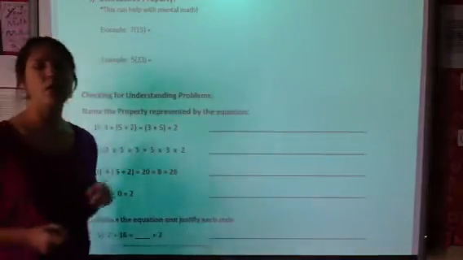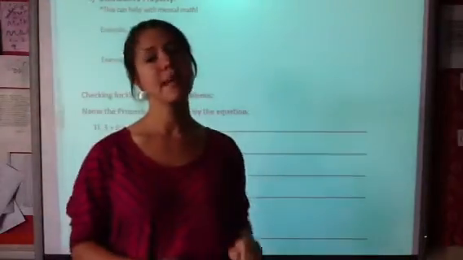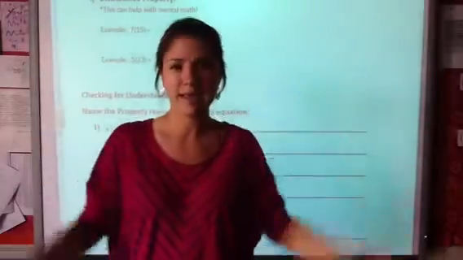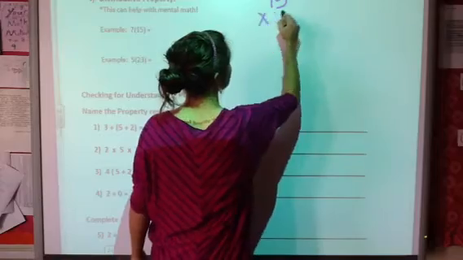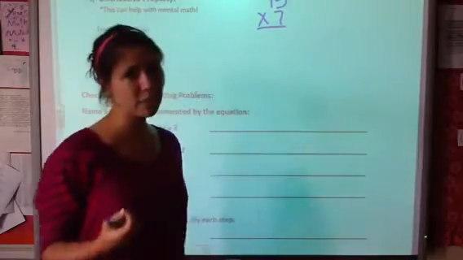If I said, okay, mental math number 1, do 7 times 15, you're probably sitting there thinking, I can't do 7 times 15, or you do 15 times 7 and try to do that in your head. That can get a little bit tricky.